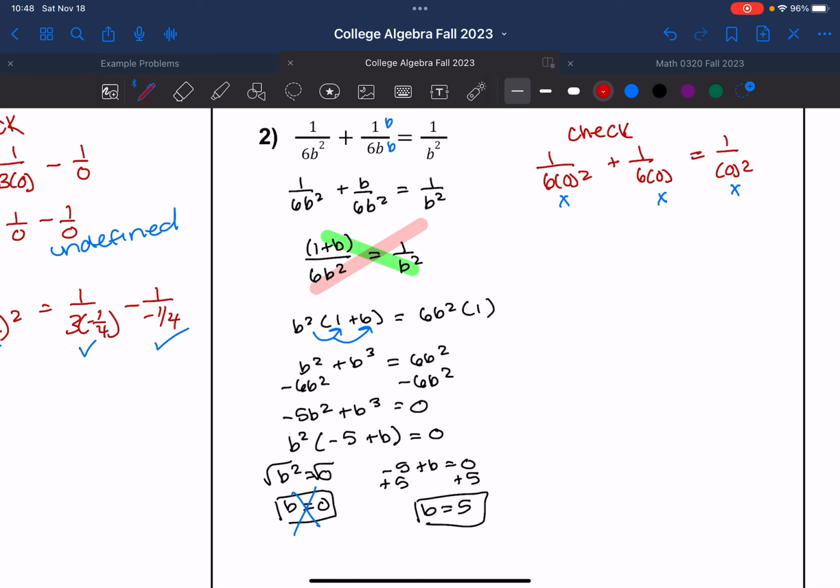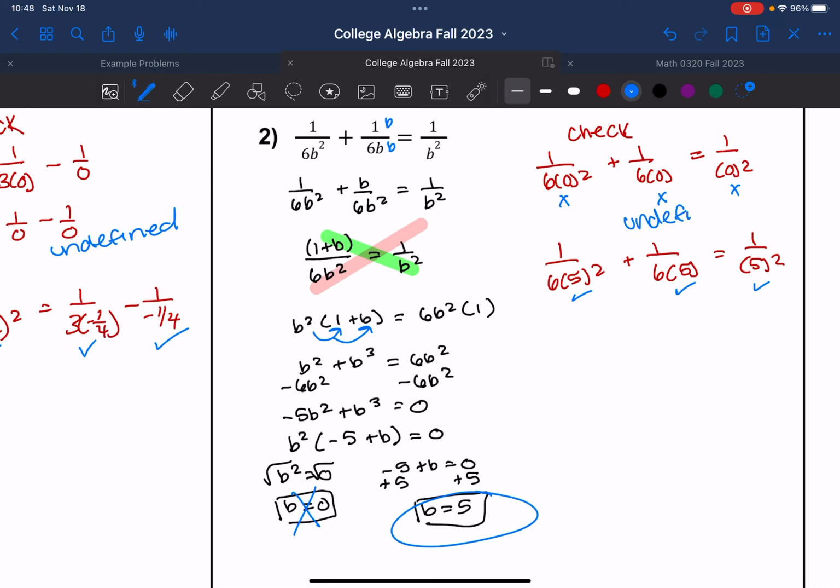Now we check b equals 5. So anywhere I see a b, I'm plugging in a 5. Okay. And then notice once I multiply those ones out, none of them give me 0. So that means b equals 5 is an answer, but b equals 0 gives us something that's undefined.